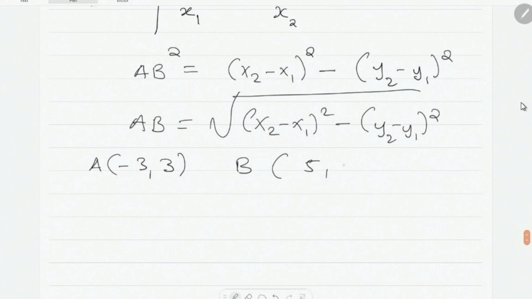So I will label the first coordinate x1, y1 and the second coordinate x2, y2.